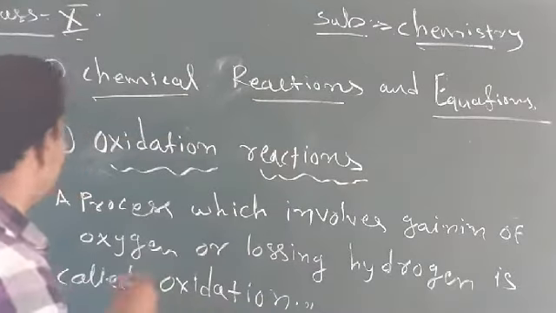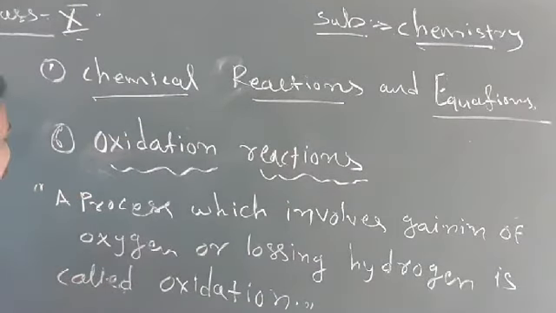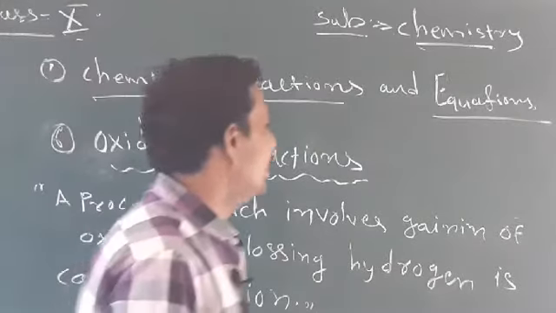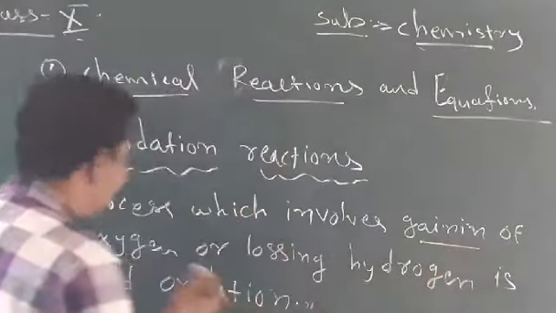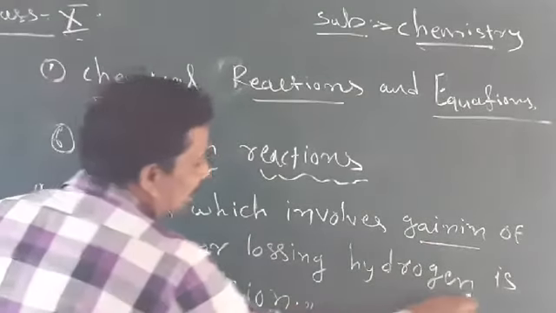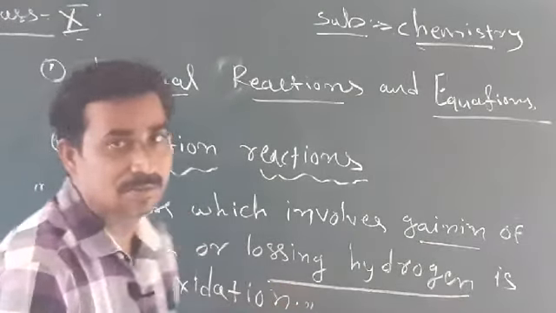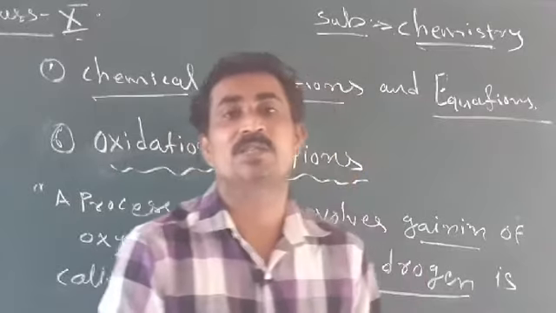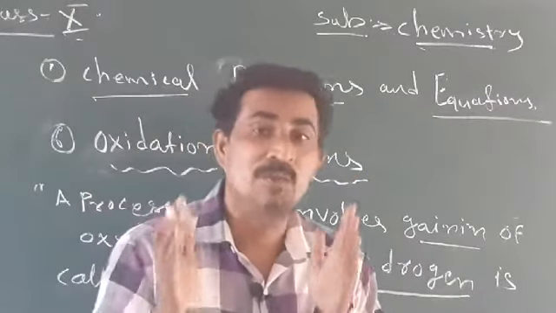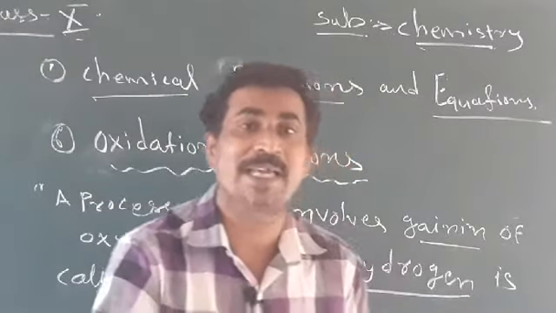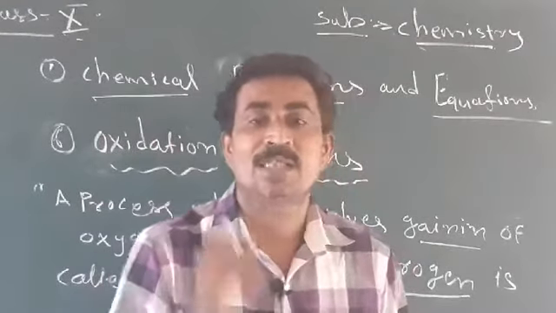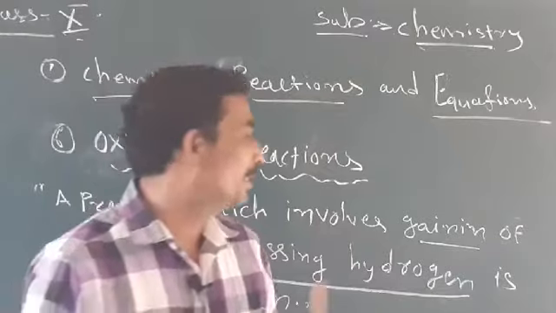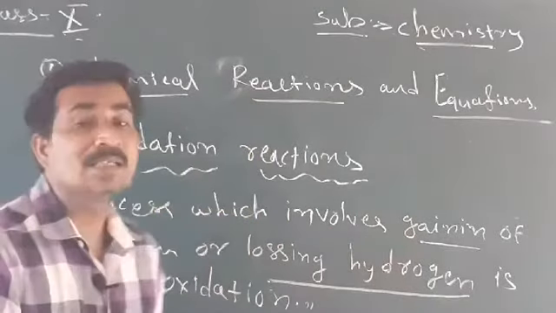I wrote it on the board, you should see it properly. A process which involves gaining of oxygen and losing of hydrogen. In oxidation, the reaction where oxygen is added and hydrogen is lost is called an oxidation reaction.